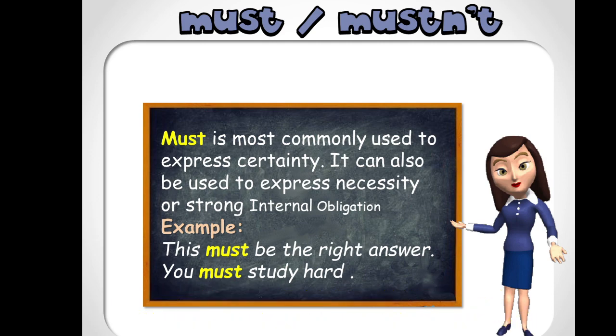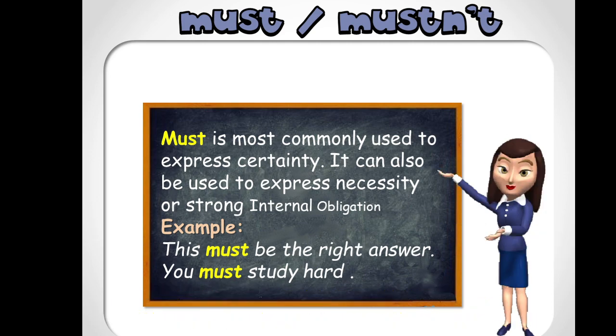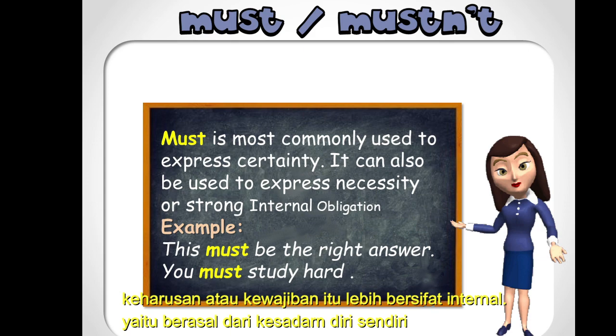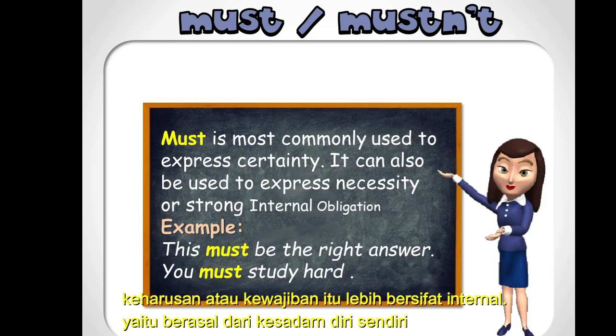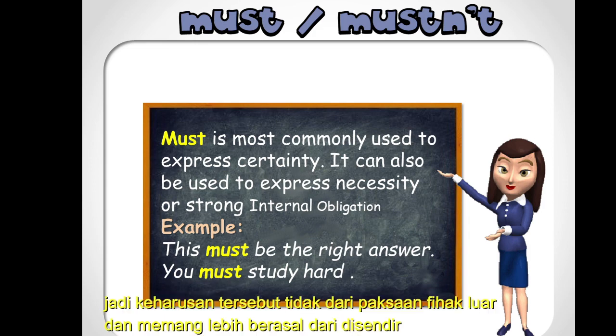What is meant by internal obligation? Means that the obligations come from the speaker itself. So the intention is from the speaker intentions. So there is no external factor that pushes the speaker to do something.